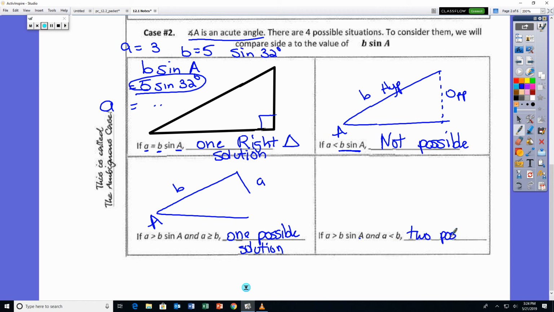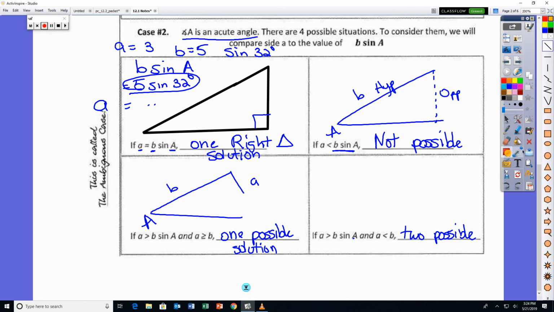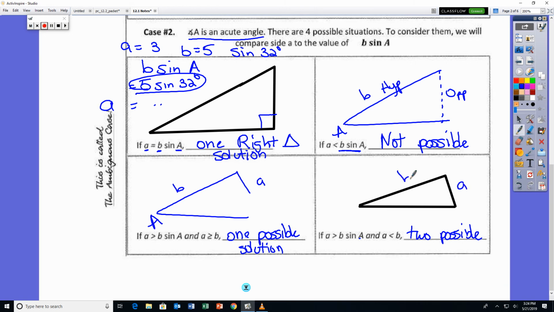And now I'll try to show why there are two possible solutions. So I have my triangle right here, and here's my acute angle. This is what it would look like if A is greater than B sine A, but side A here is less than side B. This makes one triangle.